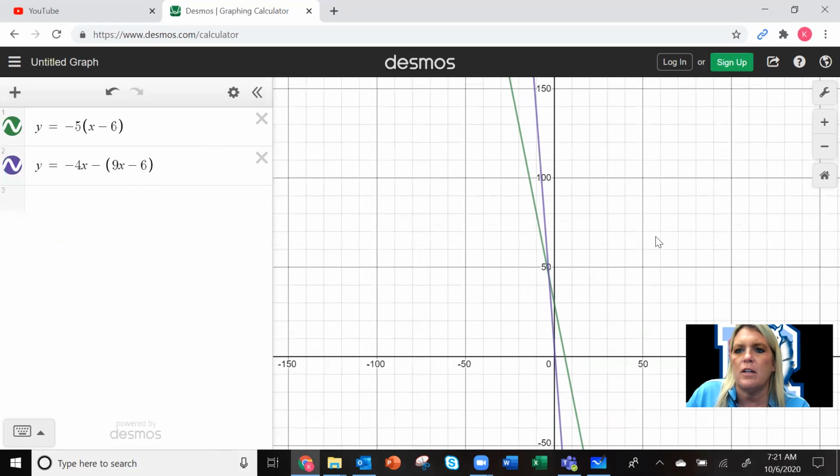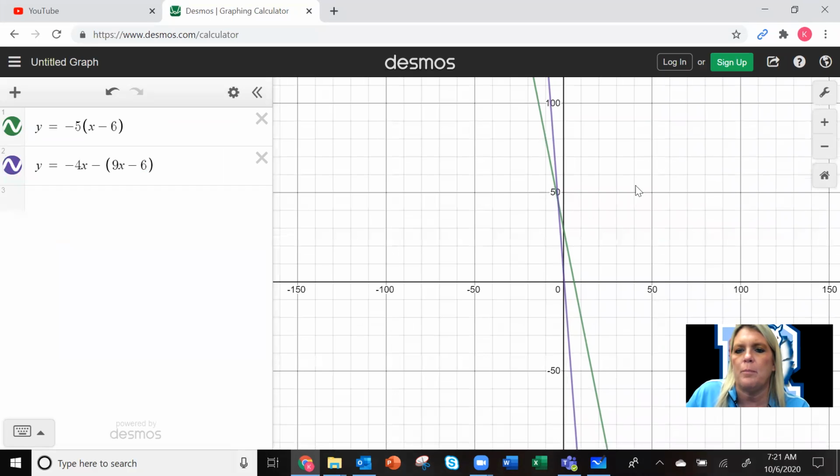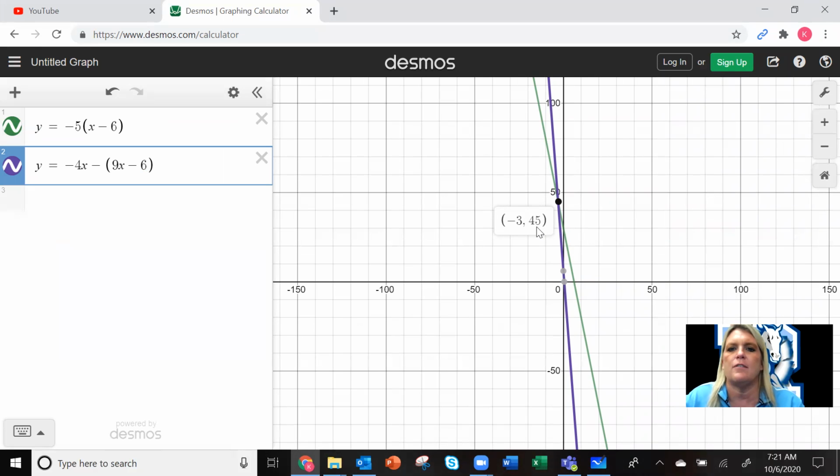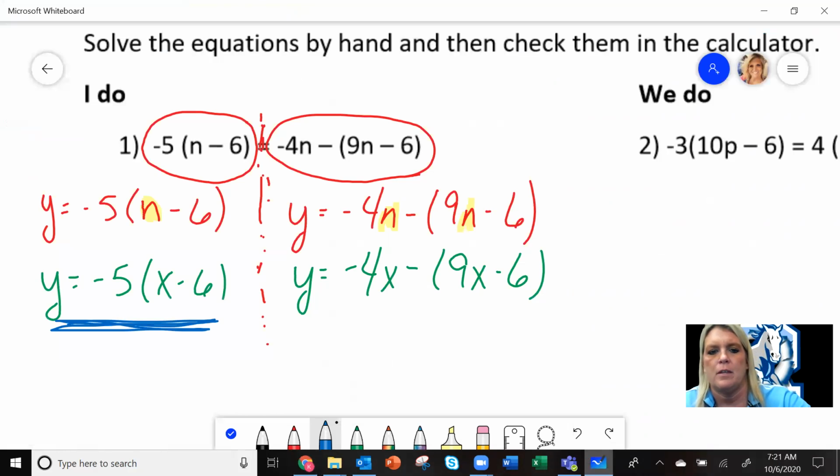You can even click and drag to move it up and down. It looks like they intersect here, so when you click on the intersection of the two lines, it gives you the point, which is (-3, 45).